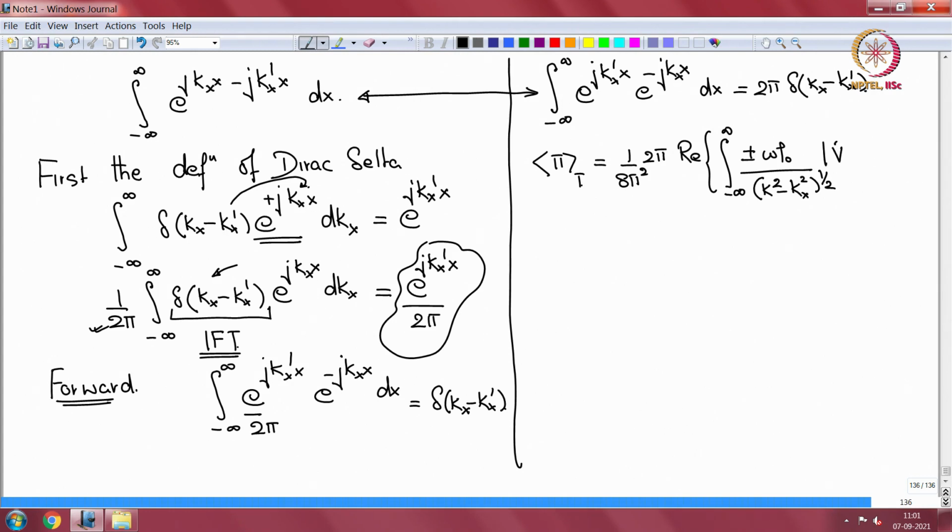Now the magnitude of v tilde kx square dkx.